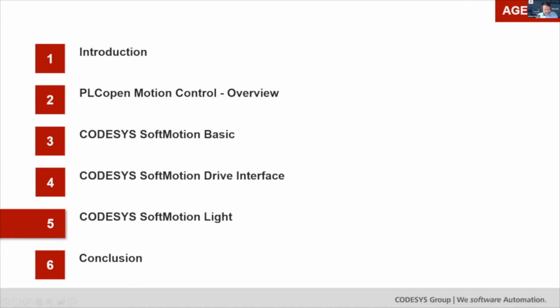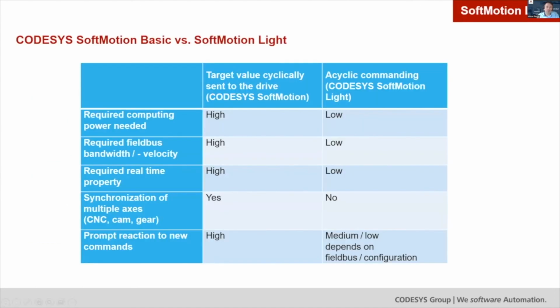And in contrast to the CODESYS SoftMotion, where we control the axis very tightly by exchanging cyclically set values and actual values with the drive, and calculating the trajectory inside the controller, the CODESYS SoftMotion Lite applies another method. It sends commands to the drive that has to be intelligent in the sense that it can execute these commands and reports when the command is finished.